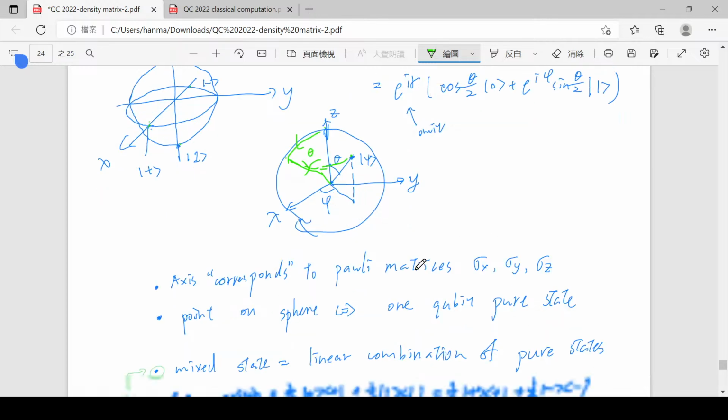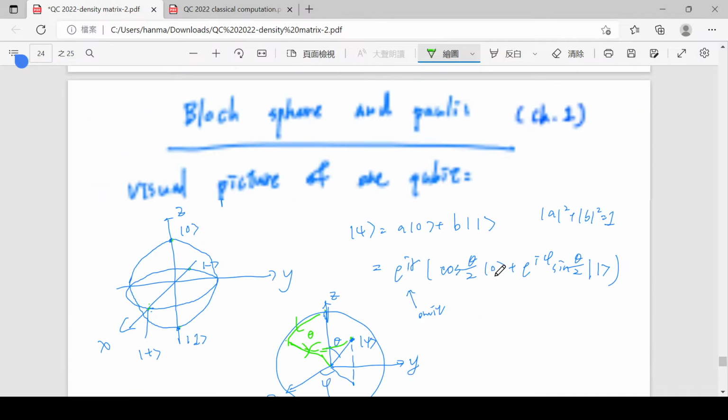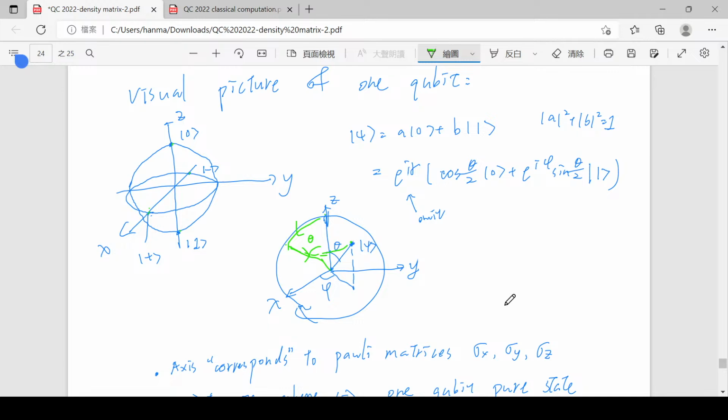Let's see the easiest calculation. Let's say this point has theta equal to 0. So that's really just the 0 state. And this point has theta equal to pi, so cosine theta equals 0 and sin theta equals 1.